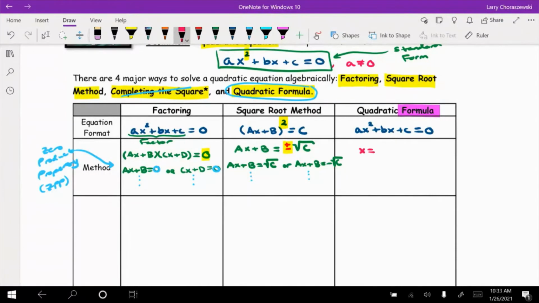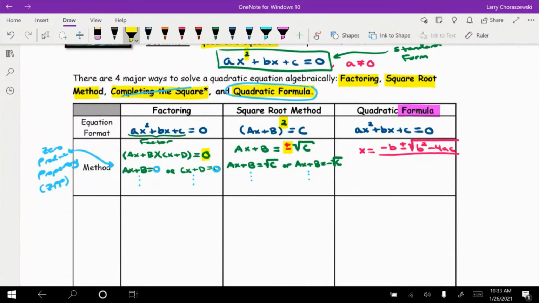It's x equals, we take the opposite of b, so negative b, we write plus or minus. Let's draw a very big square root symbol there, because inside this square root goes the following expression, b squared minus 4ac. And then there's the long fraction bar with everything that we just wrote out in the numerator.